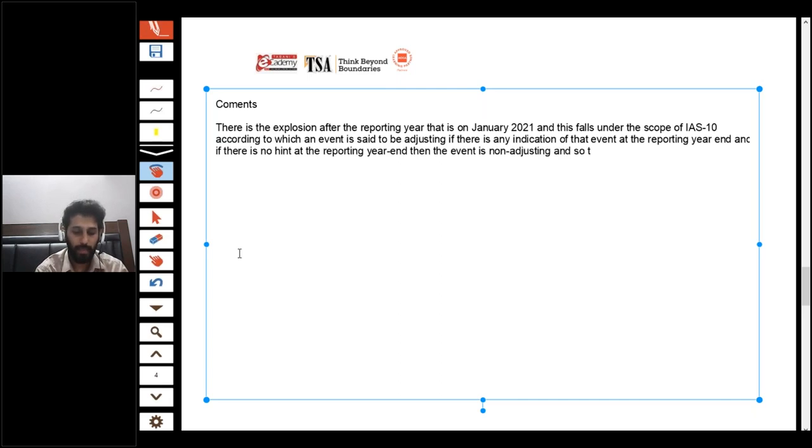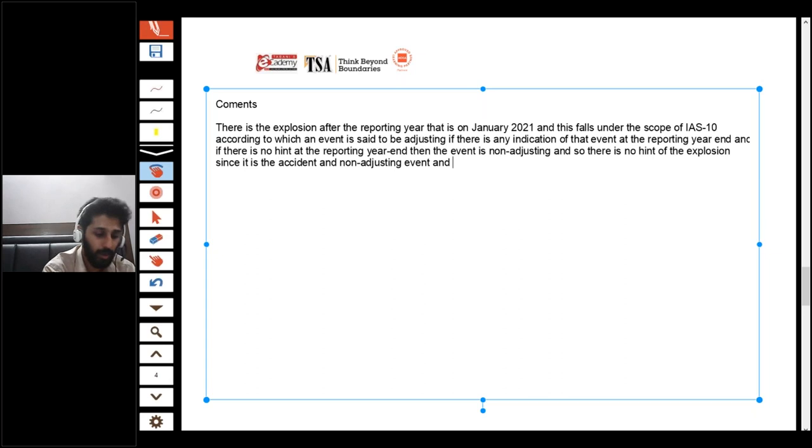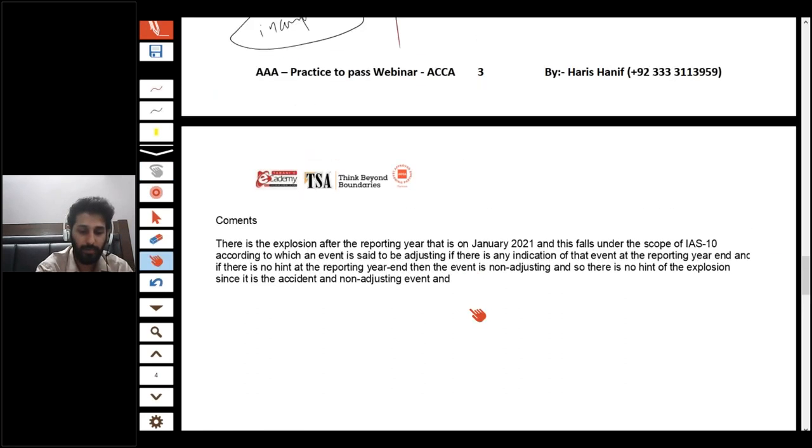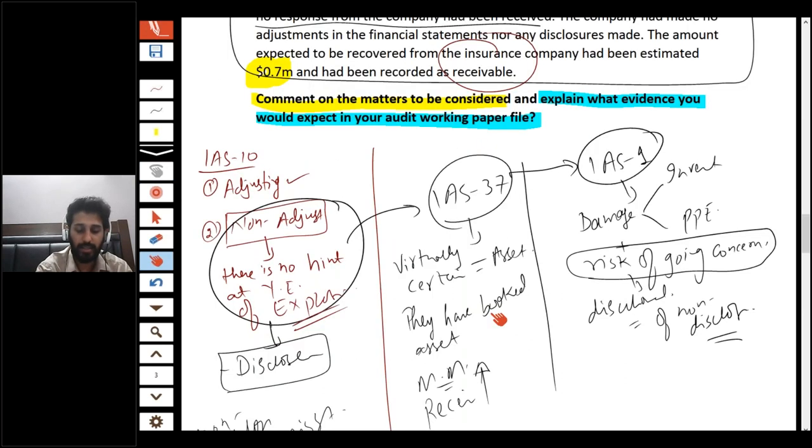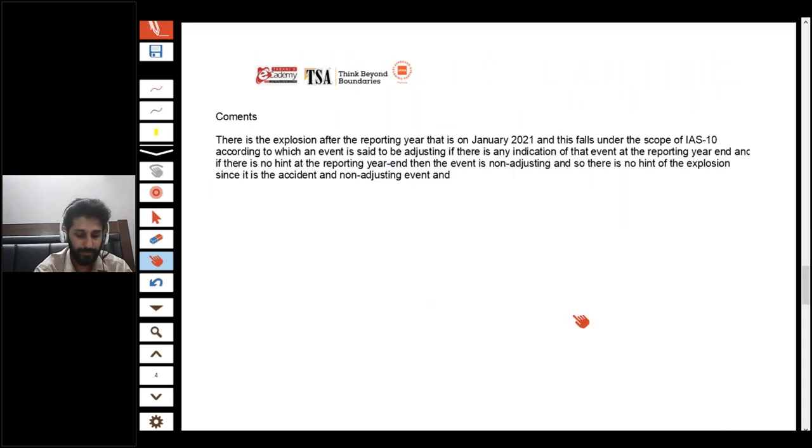So there is no hint of the explosion since it is the accident and non-adjusting event. And the reporting year end is actually the 30th December 2020.